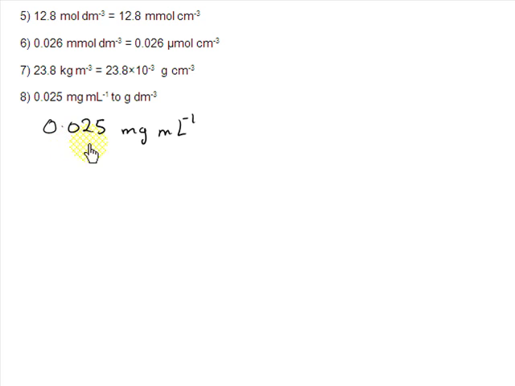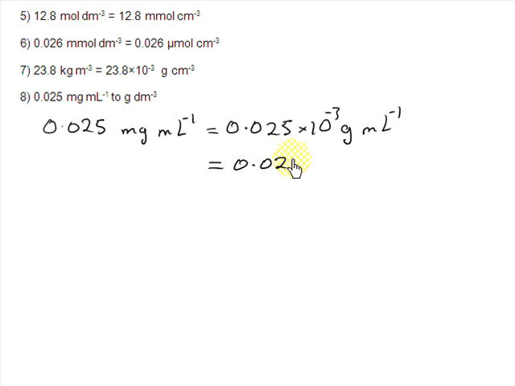To convert 0.025 milligrams per milliliters to grams per decimeter cubed, we can first of all convert the milligrams to grams, because we know that 1 milligram is 10 to the minus 3 grams, so this will be grams per milliliter. And then we know that 1 milliliter is equal to 1 centimeter cubed. So milliliter to the -1 will become centimeters to the -3.